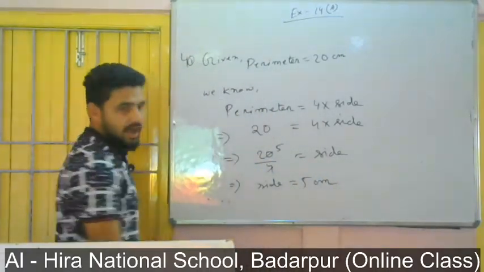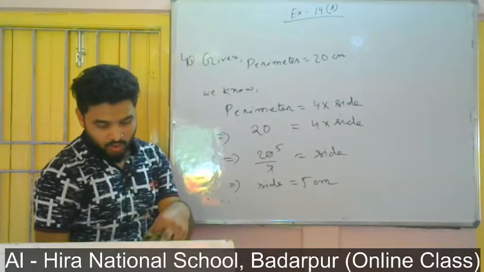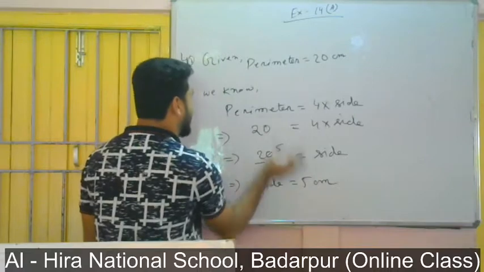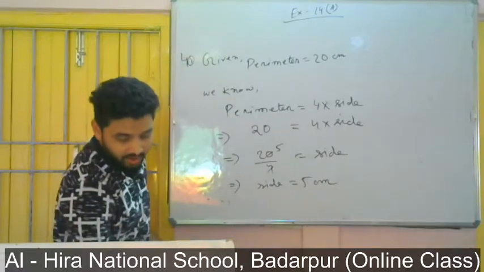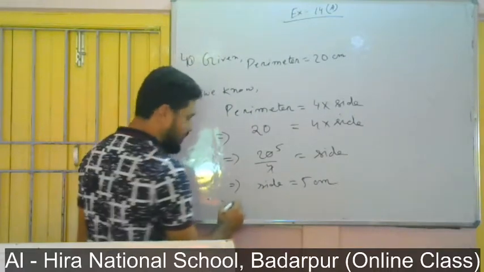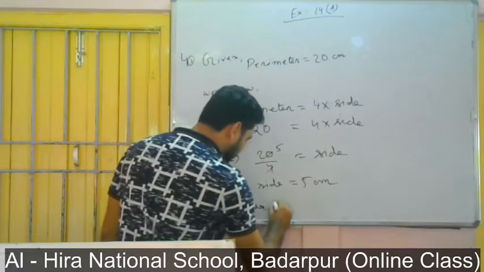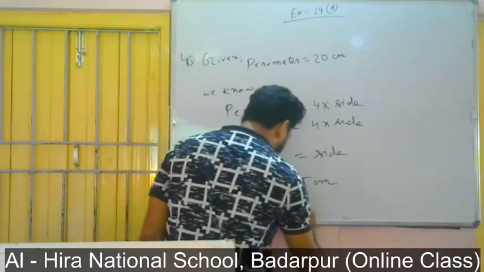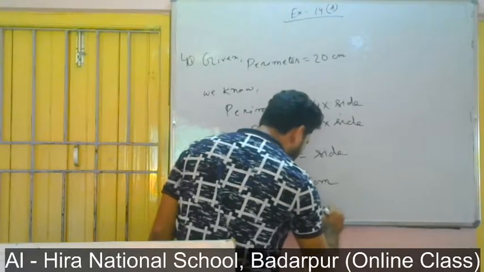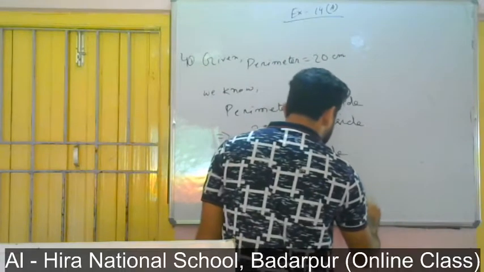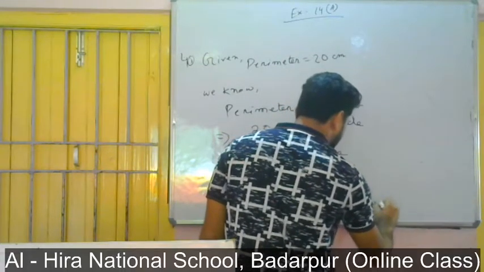Okay, now we have to find area. With the help of side, I can find the area of the square. So write, area of the square will be side square.